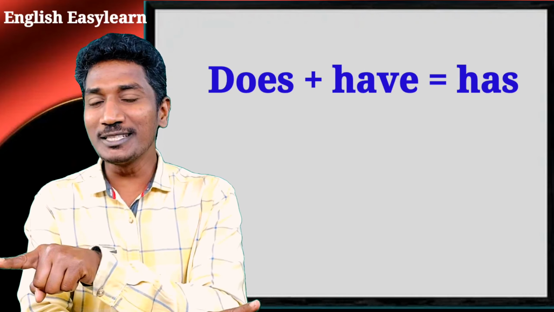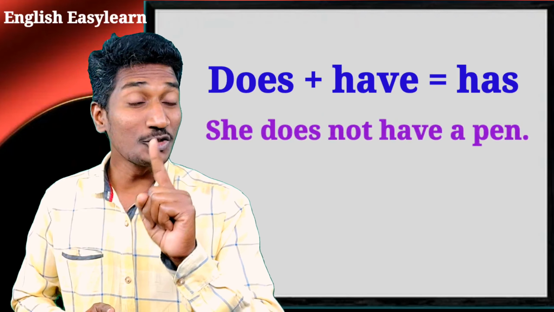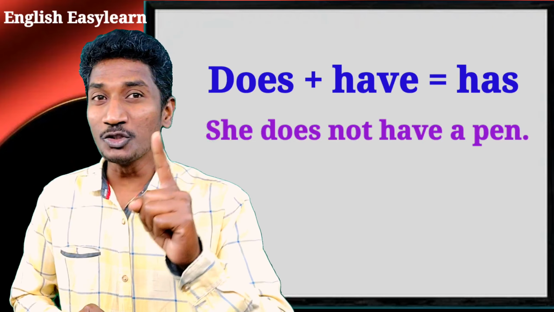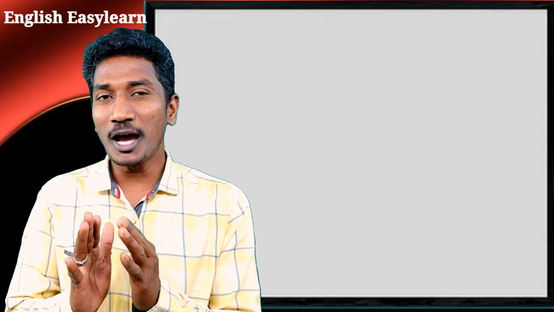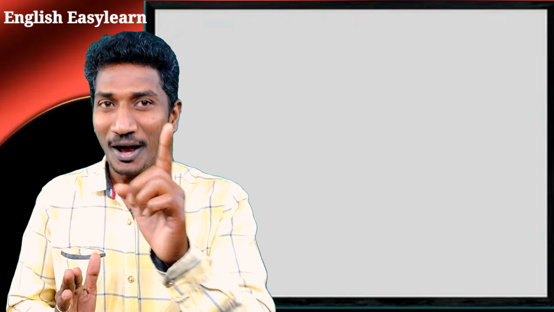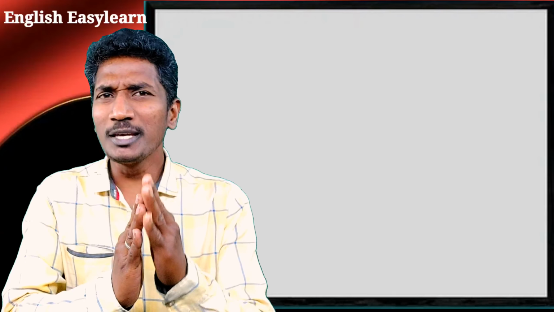So you apply this here. She does not have. He does not have. It does not have. After does not, there is no has. Is it clear? I hope you understand. So this is how we make the negative.